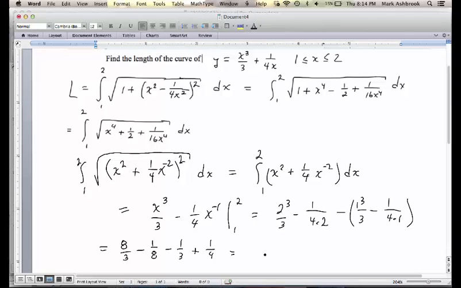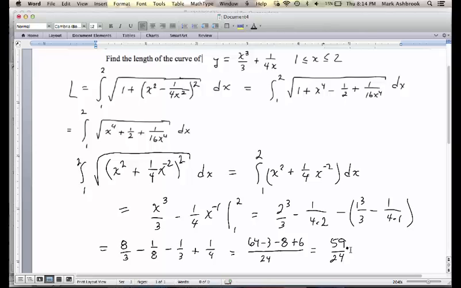Common denominator 24. So we have 64 minus 3 minus 8 plus 6, which is 70 minus 11, 59/24 is the length of this curve, starting at x equals 1, ending at x equals 2, 59/24.